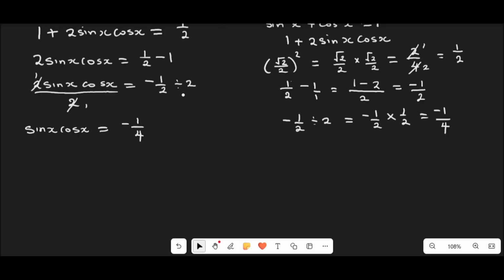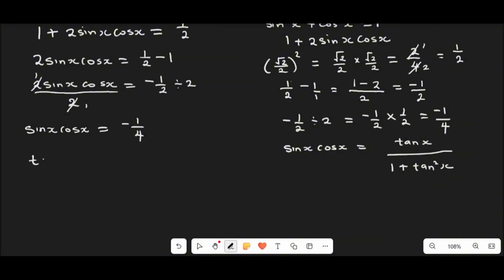But I want you to note that sin x cos x is equal to tan x over 1 plus tan square x. In place of sin x cos x, let us substitute tan x over 1 plus tan square x.